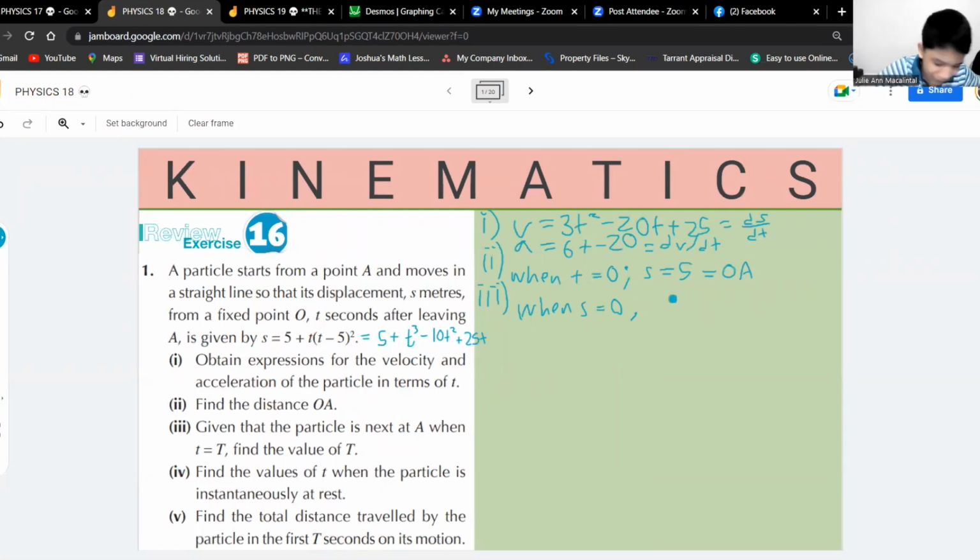Wild. Why would they expect me to do the Cardano formula? The particle starts from point A. All of them are complex.